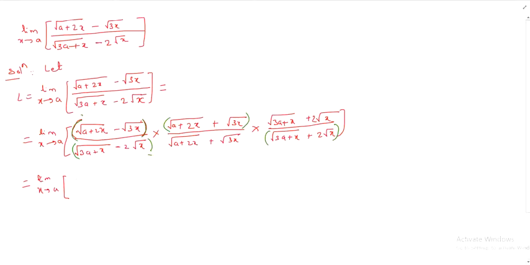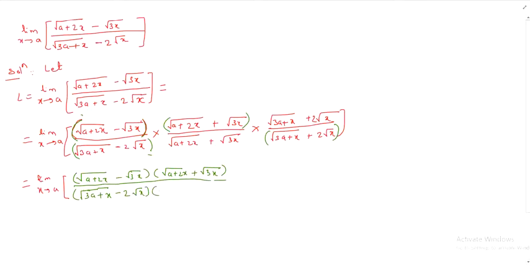So here we can have under root a plus 2x minus root 3x, okay, and here root a plus 2x plus root 3x, okay, and in the denominator we have to take root 3a plus x minus 2 root x, isn't it?